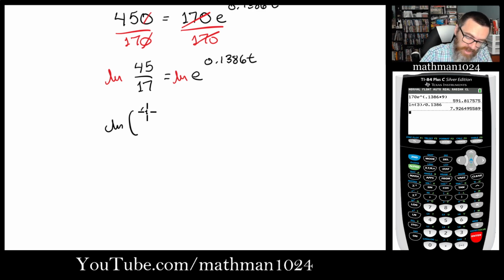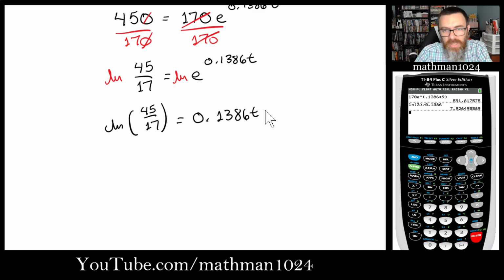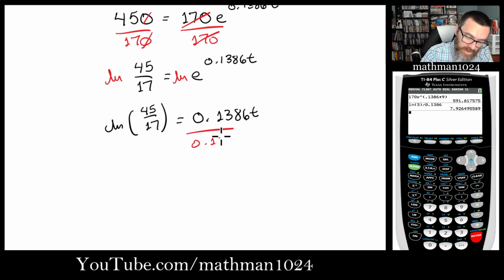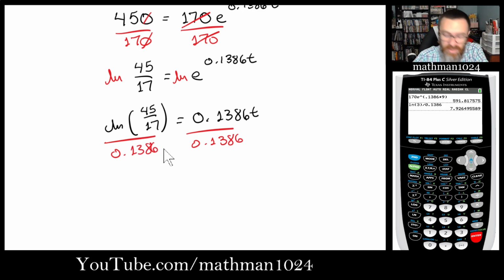So the natural log of 45 over 17 equals 0.1386t, and divide both sides by what is essentially here our rate. So 0.1386.